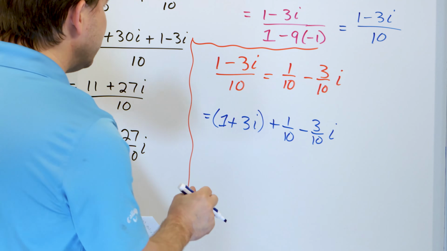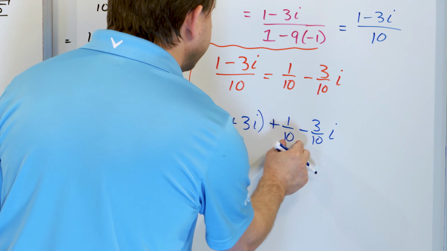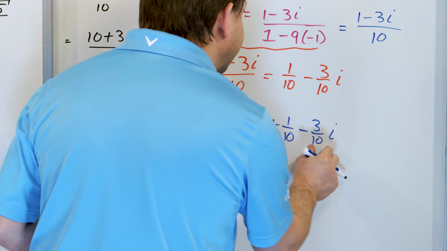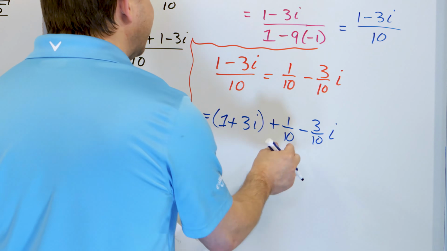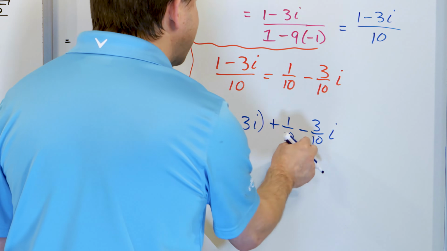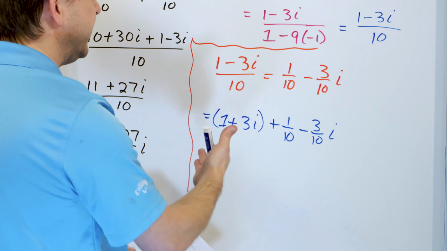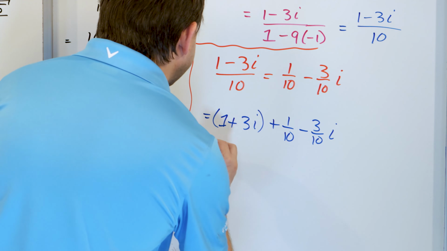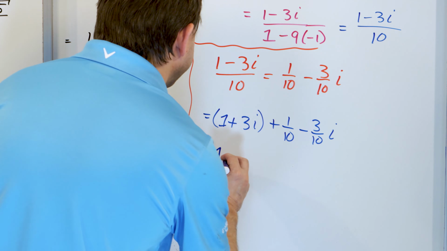So you see what we have here? We're going to end up adding the real parts. We're going to be adding the imaginary parts, but we can't add them yet because 1/10 plus 1, I have to get a common denominator, and then 3 minus the 3/10 i, I have to get another common denominator. So just to make it clear, we're going to have a 1 here, right?